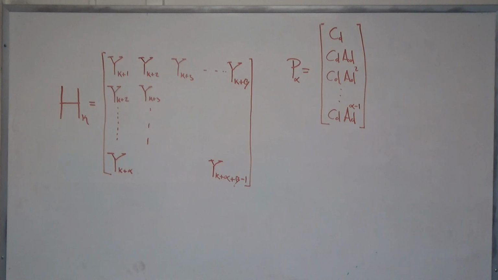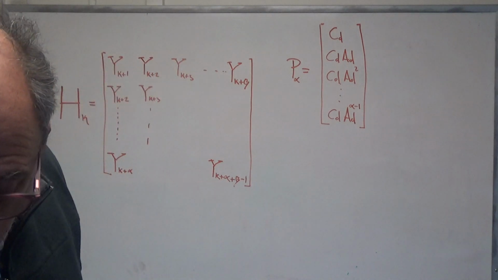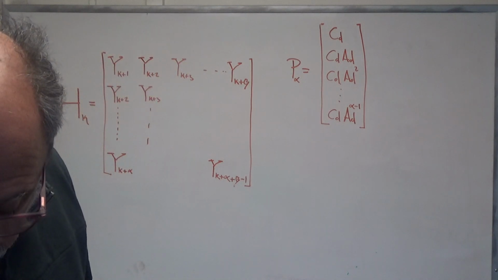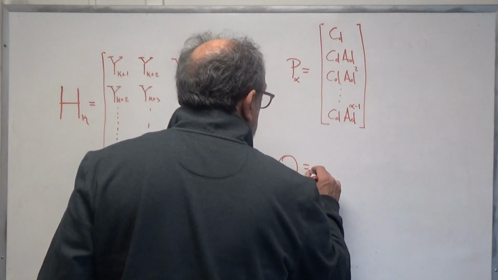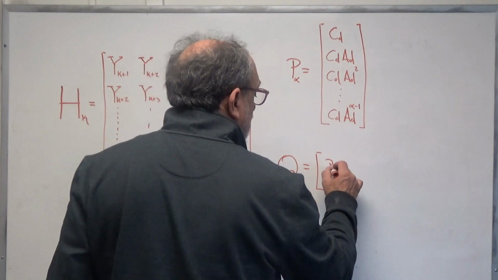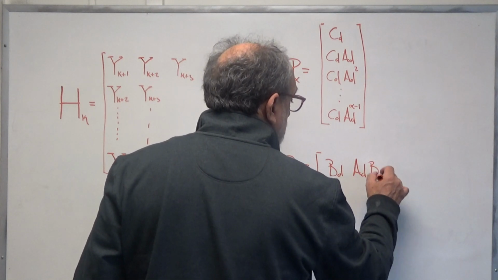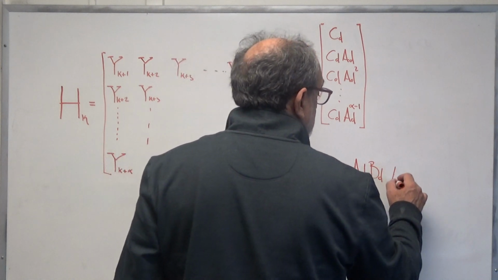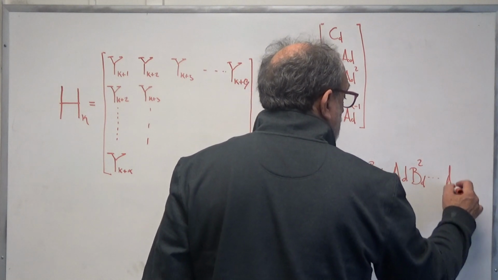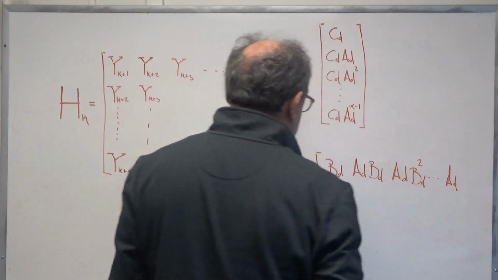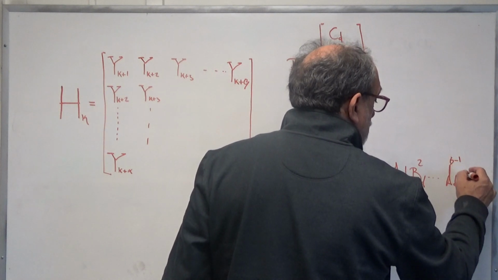Now, you may also recall that we defined the controllability block somewhere along the line as Q, and it begins with BD, and then it has AD times BD, AD squared times BD, and it goes on, and the last one that we put in there is AD to the beta minus 1 BD.